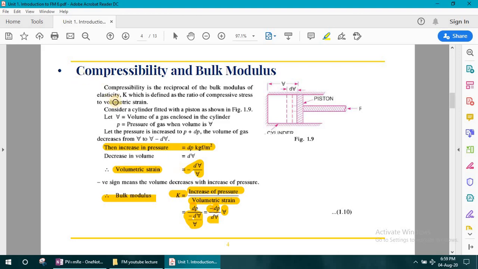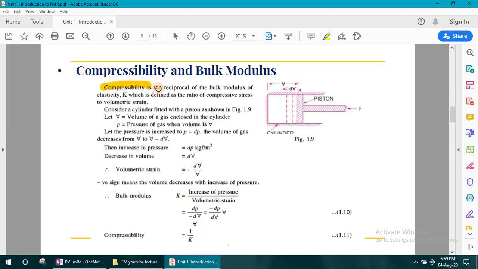But according to the definition, compressibility is the reciprocal of bulk modulus K. So here compressibility is the reciprocal of bulk modulus. This is the relationship between compressibility and bulk modulus. It is the reciprocal of the elasticity K, which is represented by this piston cylinder arrangement.